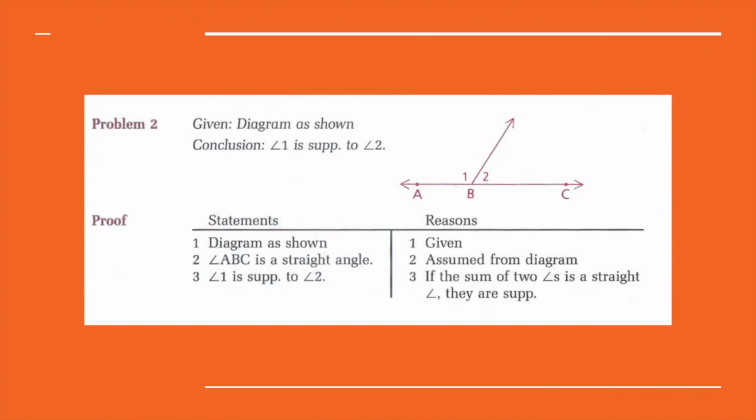Second, we say that angle ABC is a straight angle because we can assume that from the diagram, since point A, point B, and point C are collinear. Our third statement is our conclusion, which is that angle 1 is supplementary to angle 2. We can tell this because if the sum of two angles is a straight angle, then they are supplementary. So the sum of angle 1 and angle 2 forms the straight angle ABC.